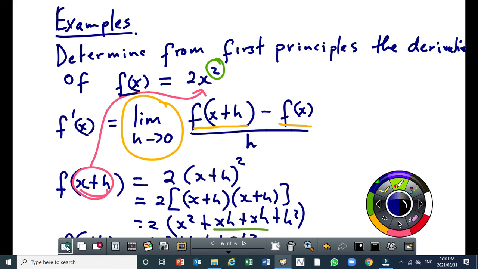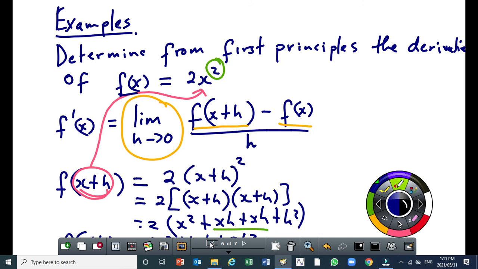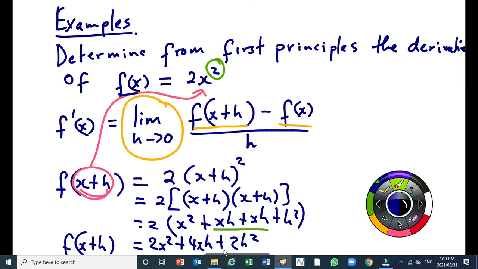Then I'm going to carry on now and say f prime of x will be equal to the limit, it's h, not x now, remember, as h tends to 0 of this trinomial that I got here. This was f of x plus h minus f of x, which is equal to 2x squared.